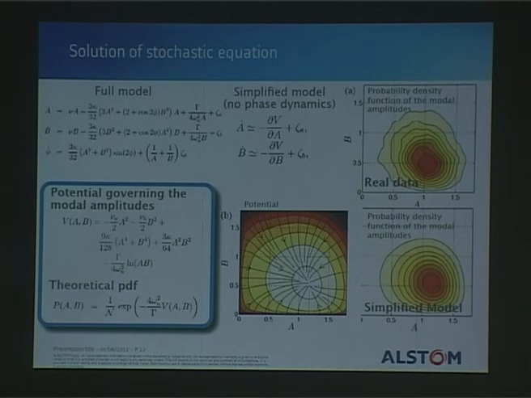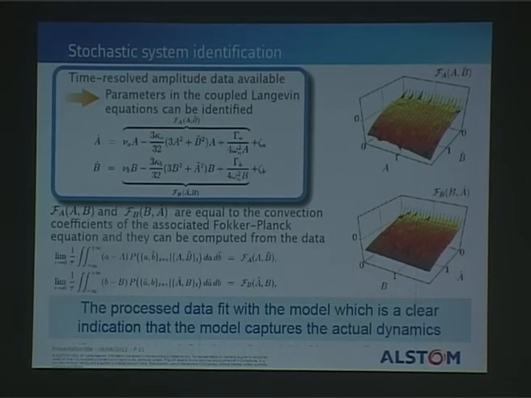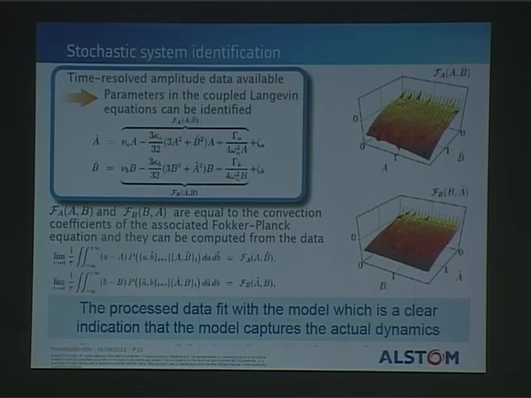But what's even better is that by fitting these equations to the real data, we obtain this linear driving term, this nonlinear saturation, and the noise driving term. These three parameters are extremely important because they really characterize the entire problem at hand. First, it tells you about the linear instability of the problem, how strongly unstable it is. Second, it tells you something about how it saturates, and third, it tells you how much it's driven by noise.